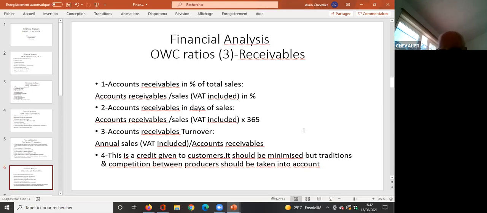And of course, like for inventory, like for sales, you hope to increase this turnover. It means when you increase this turnover, with the same level of accounts receivable, you produce more sales and probably more margins.